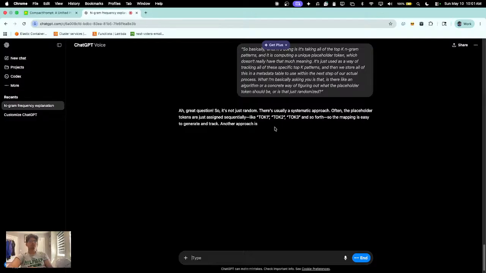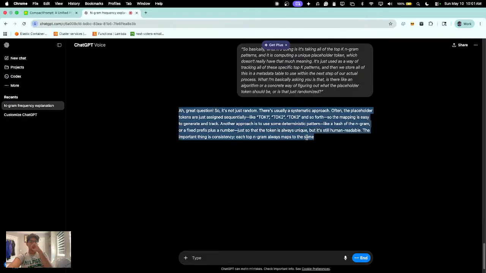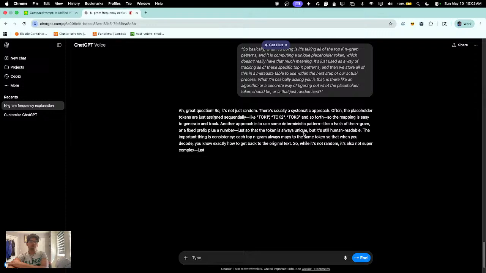Another approach is to use some deterministic pattern like a hash of the n-gram or a fixed prefix plus a number, so that the token is always unique, but still human readable. The important thing is consistency. Each top n-gram always maps to the same token, so that when you decode, you know exactly how to get back to the original text. So while it's not random, it's also not super complex. Just a predictable scheme that your process follows each time.